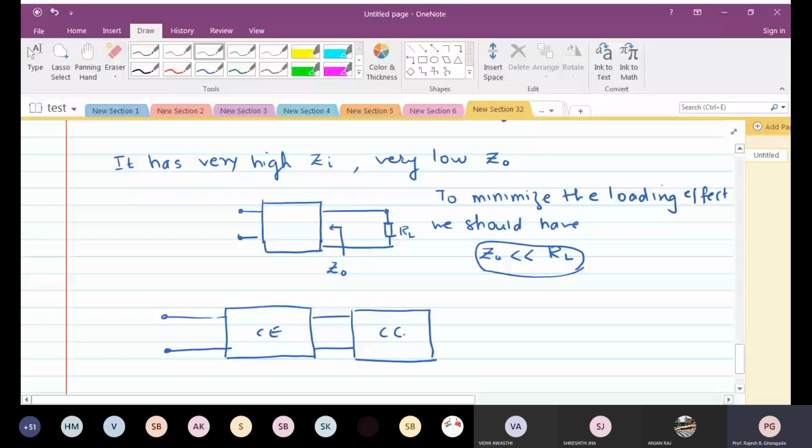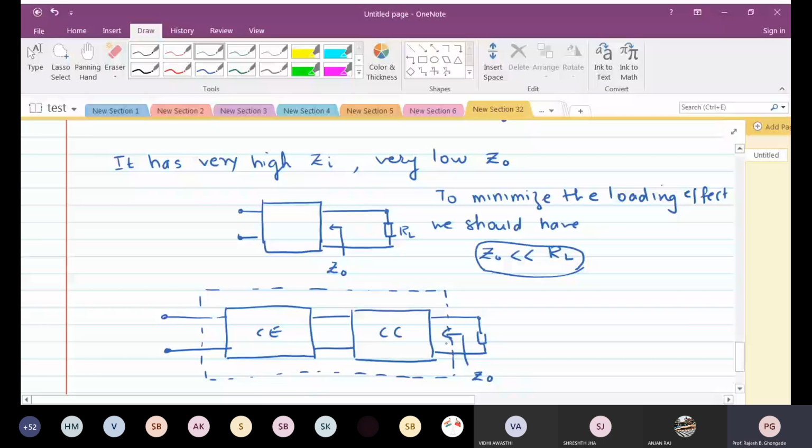So overall, this is your complete amplifier circuit, cascade of two amplifiers. So the effective output will be this, isn't it? And since common collector has got very low output impedance, loading effect can be minimal.